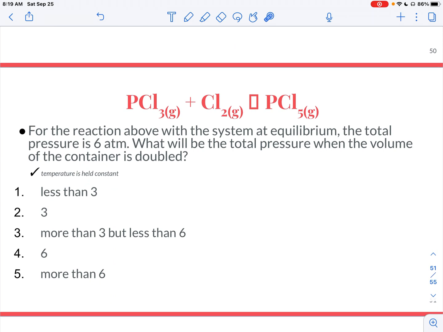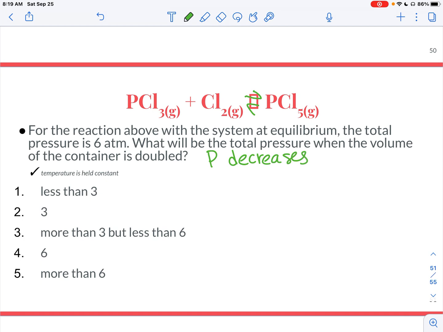All right, for the reaction above, which I hate when my arrows don't transfer to that, the total pressure is 6 at equilibrium. What will be the total pressure when the volume of the container is doubled? So let's figure out what that means. When the volume of the container is doubled, the pressure decreases.